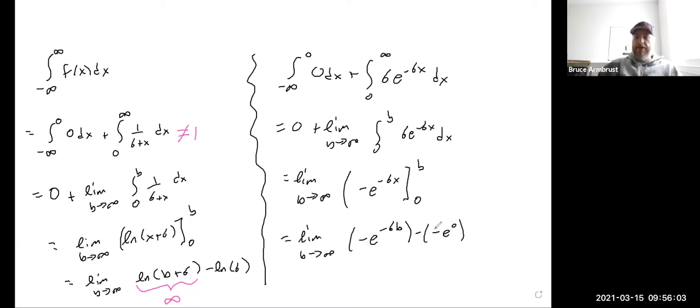So the e to the 0 is 1, minus 1 is minus 1, minus a minus 1 is going to end up being a plus 1. This guy, think of that minus 6b, let's rewrite it with a positive exponent, but in the denominator. So if we let b go to infinity, then this is going to be 1 over infinity.